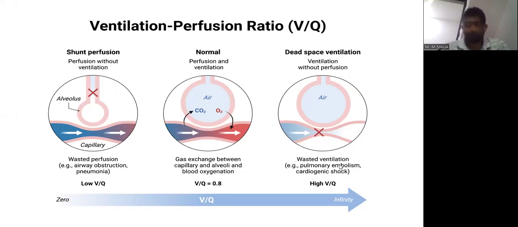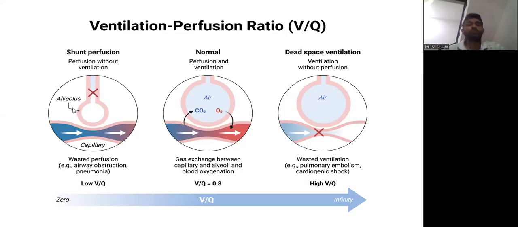But due to pulmonary embolism or shock, if the blood flow is stopped, there will be no blood supply to that particular alveoli. So ventilation is there, perfusion is 0. Any digit divided by 0 is infinity. So infinity, a high VQ ratio.